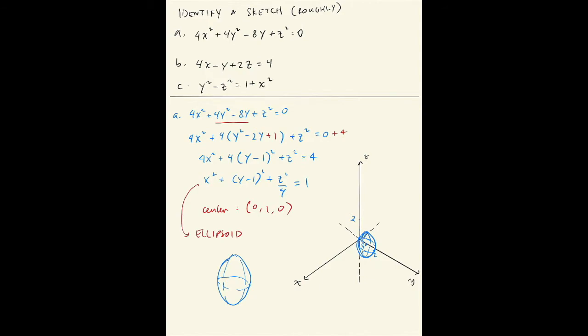It's 1 over 1, right? So this is 1, this is 0, this is the xy.